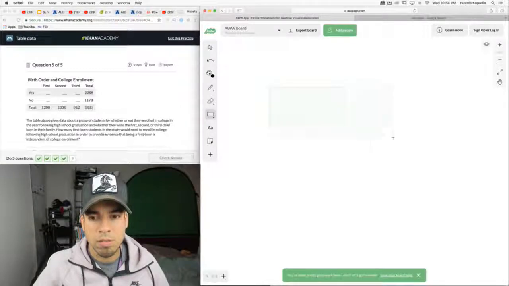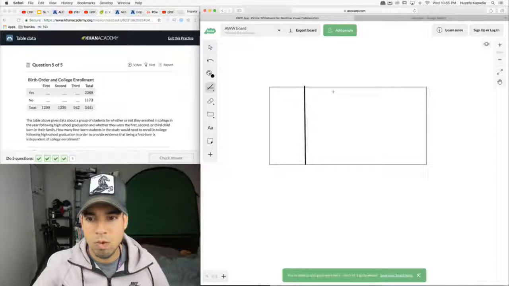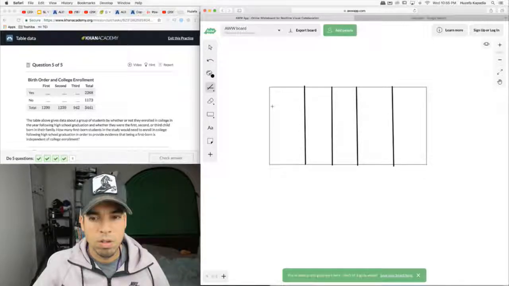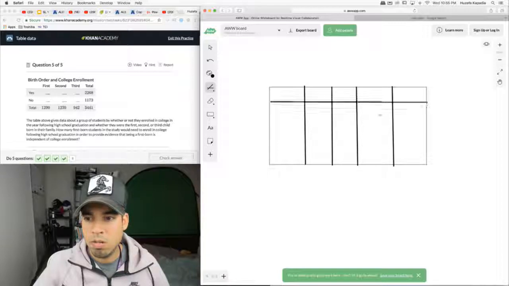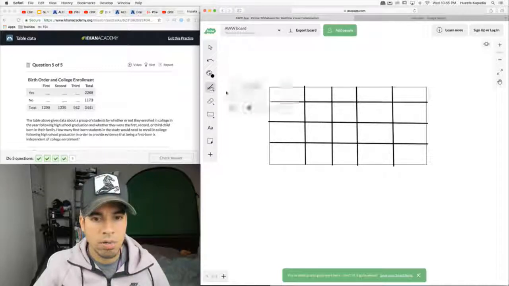Let's set this same table up. Okay, now we got our table.